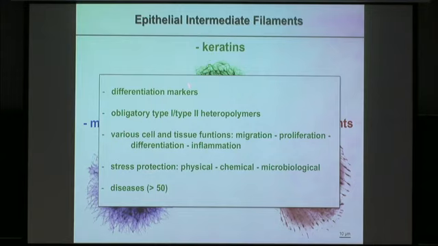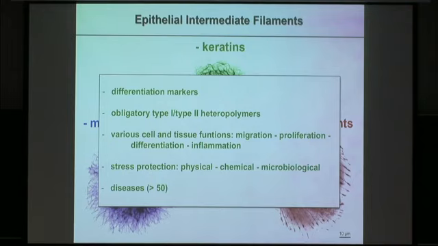What's important to keep in mind is that keratin intermediate filaments are obligatory heteropolymers consisting of stoichiometrically even amounts of type 1 and type 2 polypeptides expressed in these cell type specific fashions.